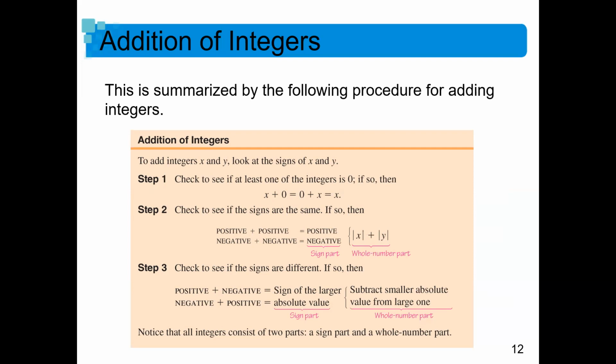If so, then positive plus positive equals positive, negative plus negative equals negative, and you just add the absolute values of both values. Step 3, check to see if the signs are different, and if so, then positive plus negative is equal to the sign of the larger, and then subtract the smaller absolute value from the larger one.